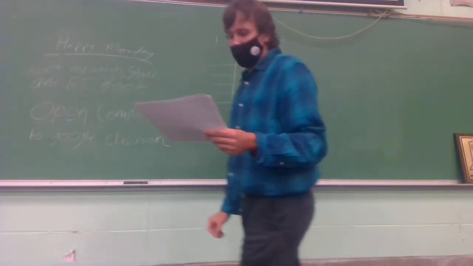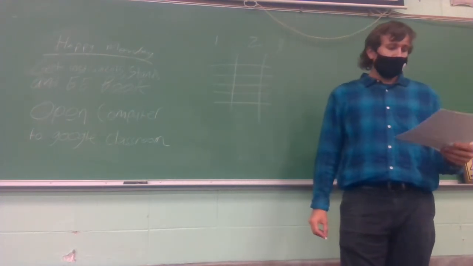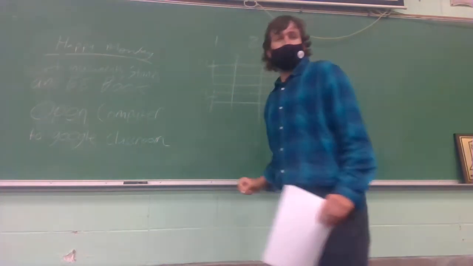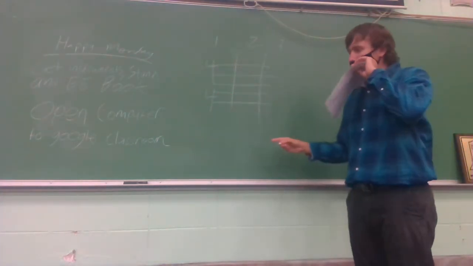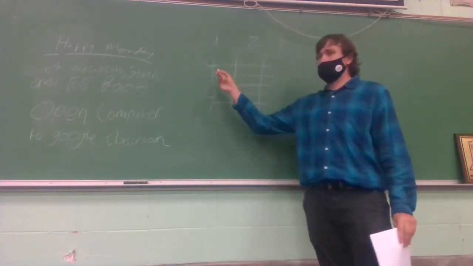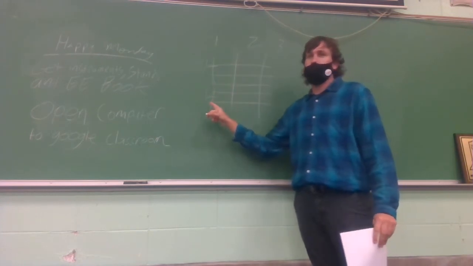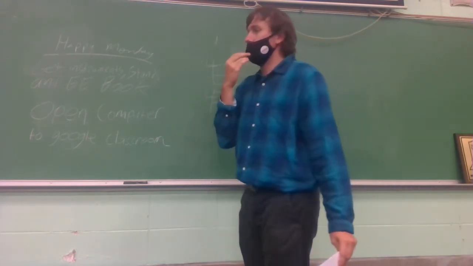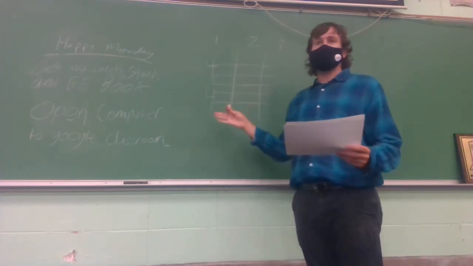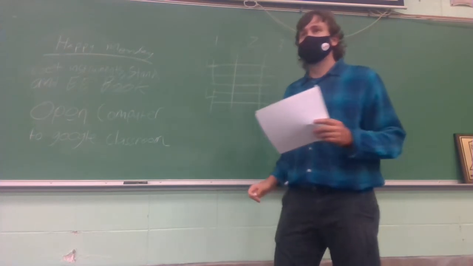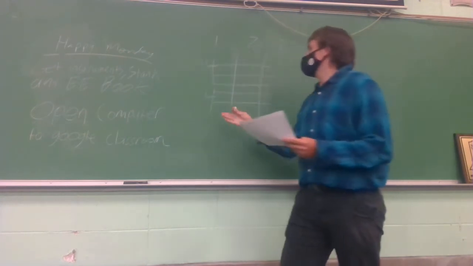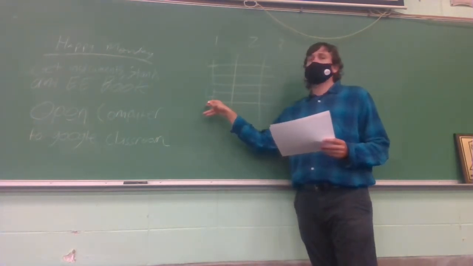Time signatures are a set of 2 numbers. They are stacked on top of each other. Each number tells us something different. So remember our 4/4 that we talked about? The top number tells us how many beats can be in one measure, and the bottom number tells us what kind of note gets the beat. So does anyone remember what note gets the beat in 4/4 time? I'm asking you what note gets the beat if 4 is the bottom number.